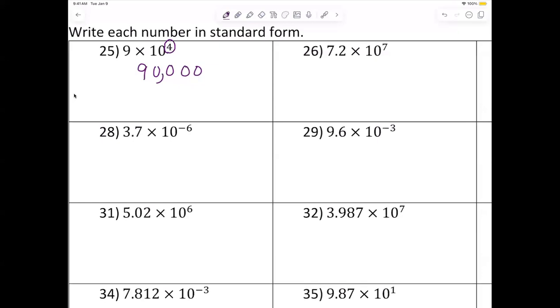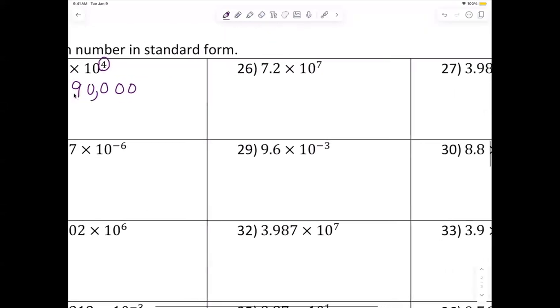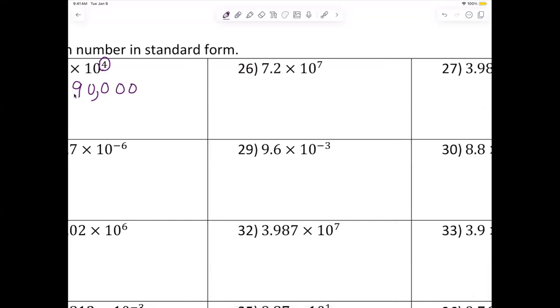All right, now we're going to look at 26. I need to move the decimal how many places? 7 places. Now you're paying attention. How many zeros do I need? 6. Why do I only need 6 this time? Because there's a 0.2, that's already one spot.